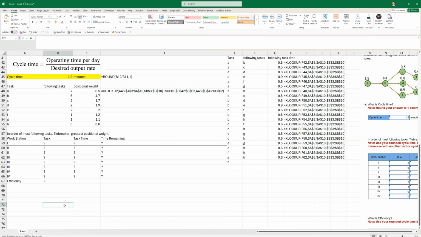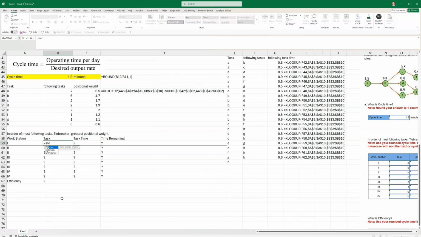So what we want to do, it says here in the order, we want to order the following tasks. We want to order this by the most following tasks. And if there's a tie, we want to use the one with the greatest positional weight.